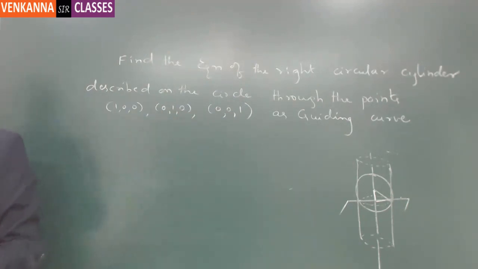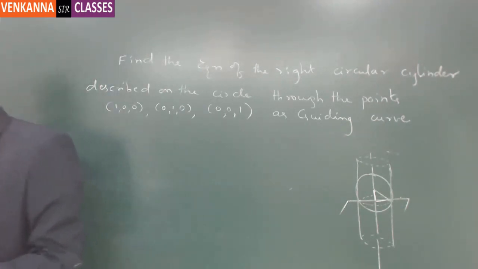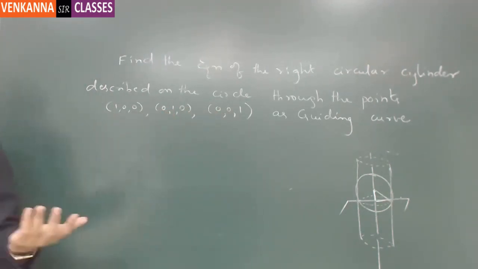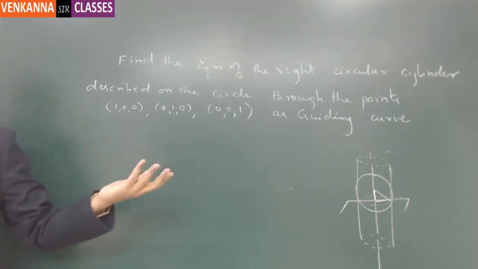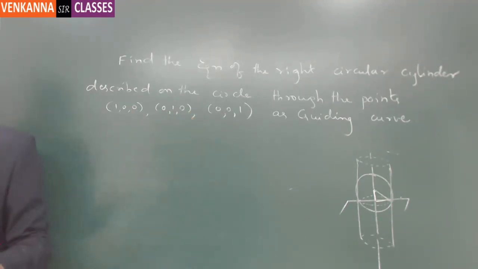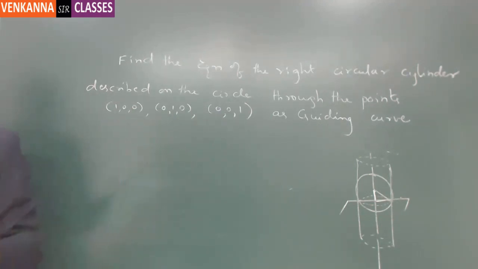Now what we have to do here to get the circle? We have to calculate the circle which is passing through the points. In other words, we have to write a sphere equation and a plane equation obtained by these 3 points, so that the intersection of the plane and sphere is nothing but the circle.